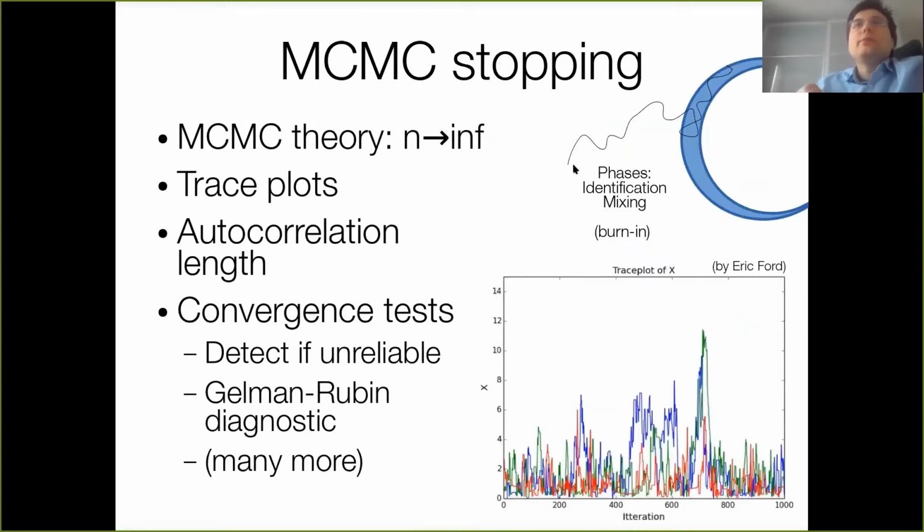So if you start your chain, what often happens is if you have most of your probability in this banana, for example, it will walk towards that banana, and then it will walk around on that banana in a sort of random walk fashion. And then you can plot your particular parameter value versus iteration of that chain.